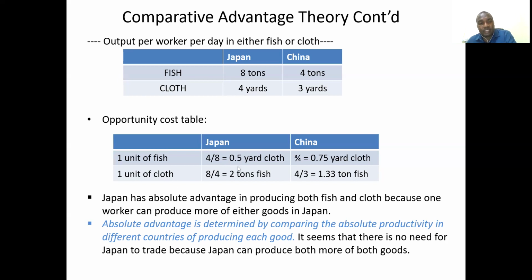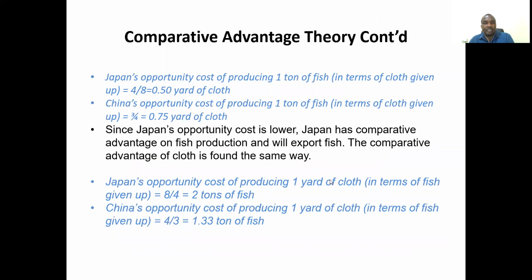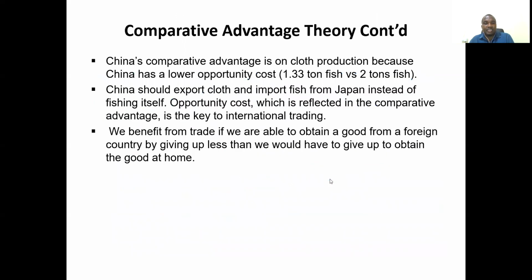So Japan specializes in the production of fish, and China specializes in the production of cloth. This is what is described in the subsequent slides, the narration, which is, China should export cloth and import fish from Japan instead of fishing itself. So the opportunity cost ratios reflect the opportunity cost which is incurred in specialization and hence international trade.